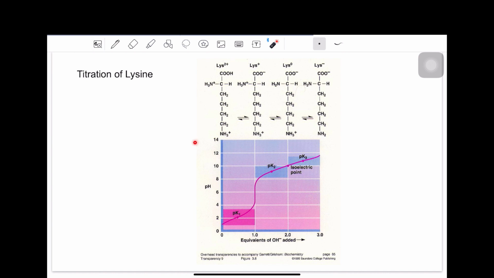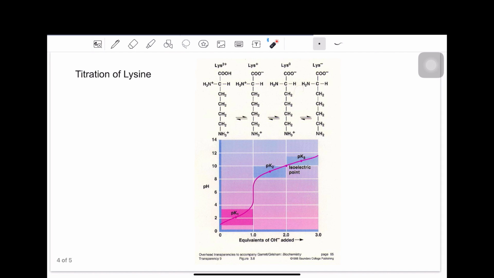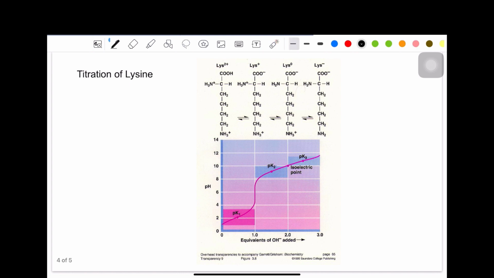So, when pH is lesser than 2, the COOH group has its proton, so it is neutral. But the side chain amino group as well as the alpha amino group, both of these amino groups are positively charged. So the net charge on this molecule is +2 when the pH is lesser than 2.